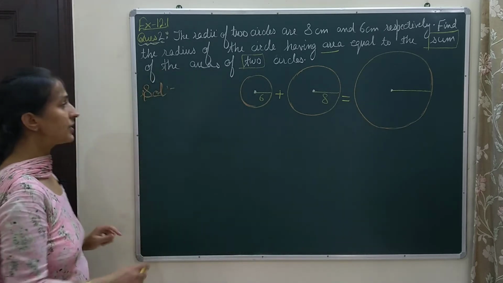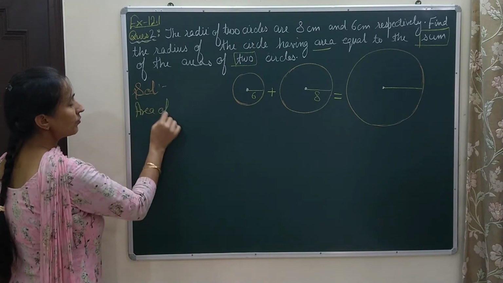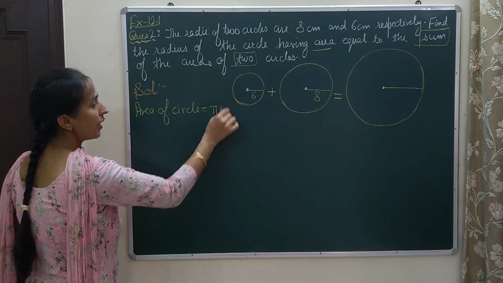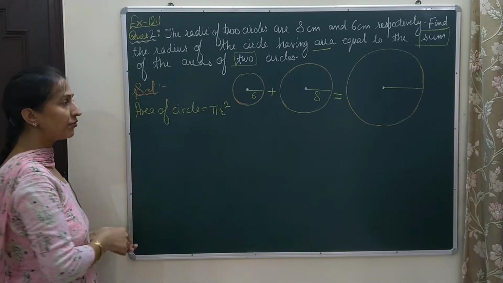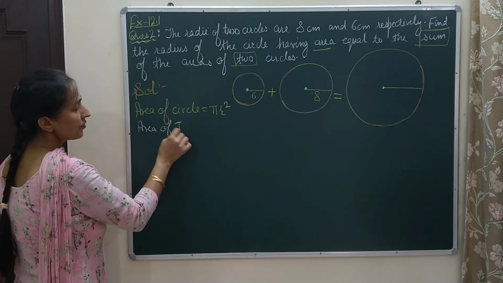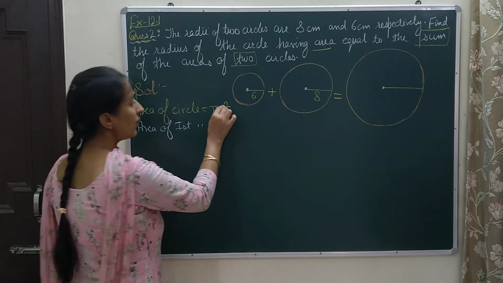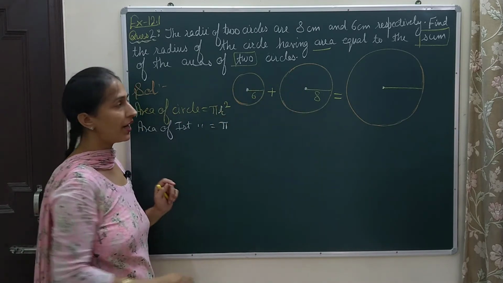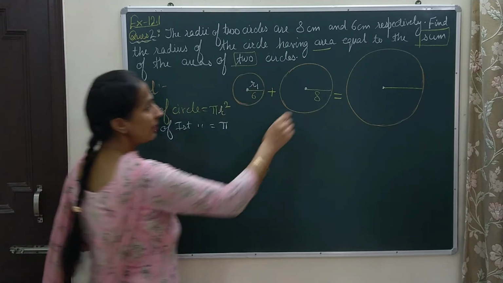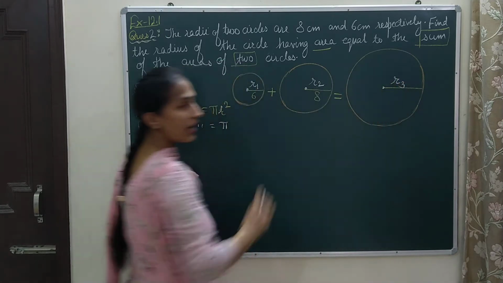Okay, so first let us see what is the area of a circle. We know the formula for the area of a circle is pi r square. We have three circles. As I am having all different radii, I will mark the first circle with radius r1, for the second it is r2, and let us suppose for the third it is r3.